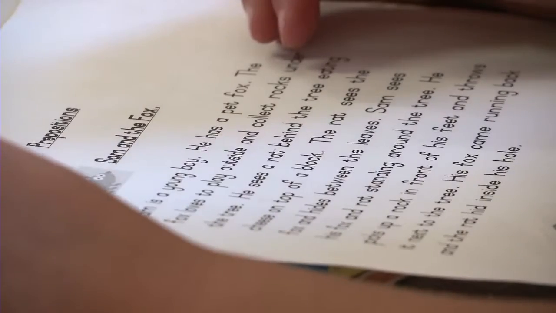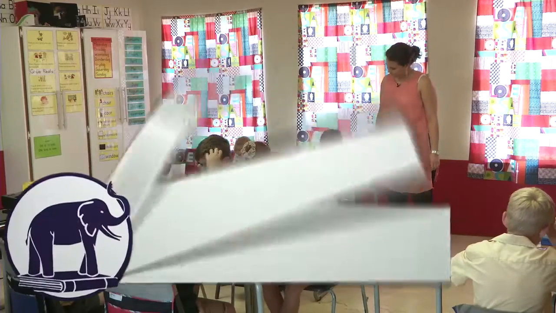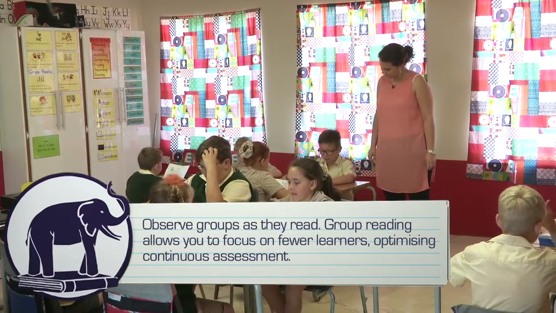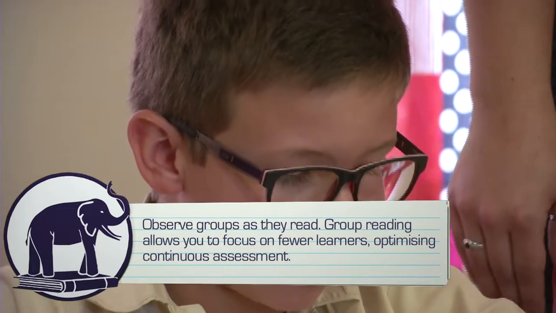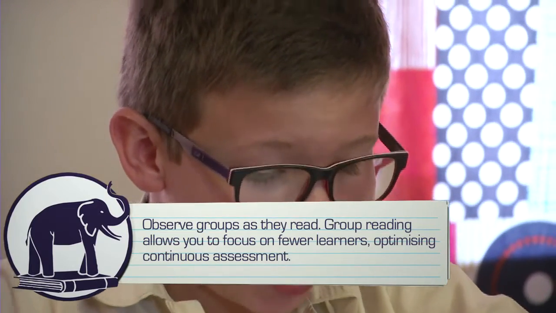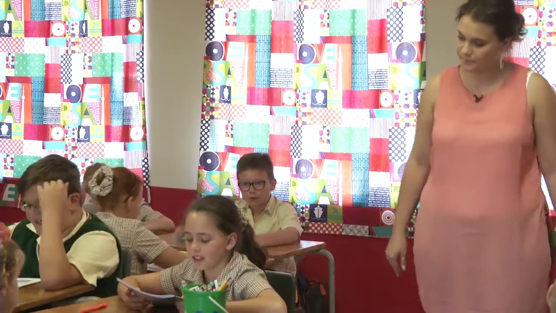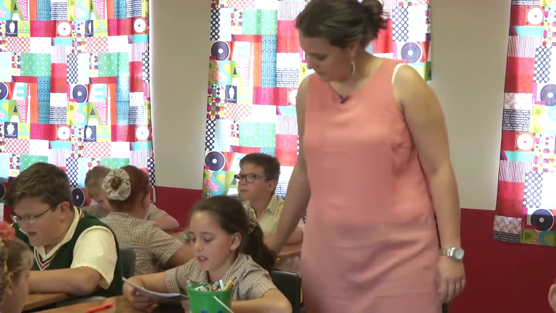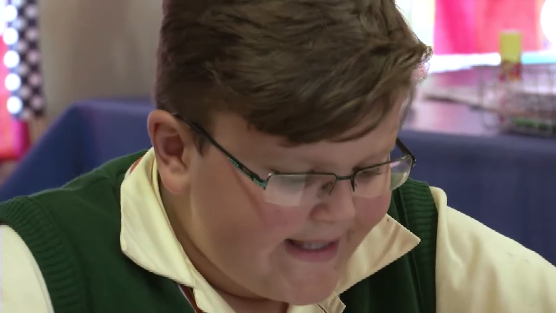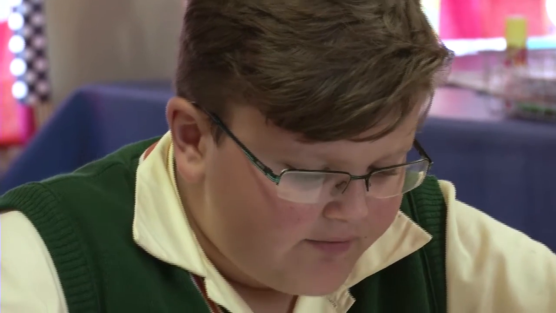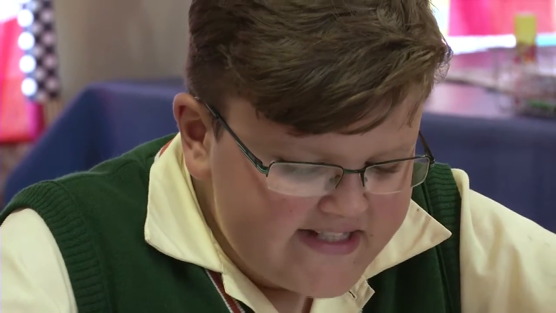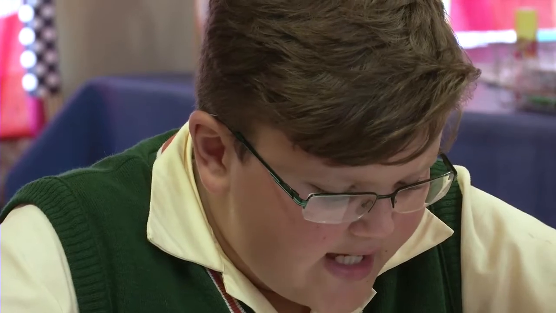Sam is a young boy. He has a pet fox. The fox loves to play outside and collect rocks under the tree. Thank you. Group 2. He sees a rat behind the tree eating cheese on top of a log. The rat sees the fox and hides between the leaves. Thank you.